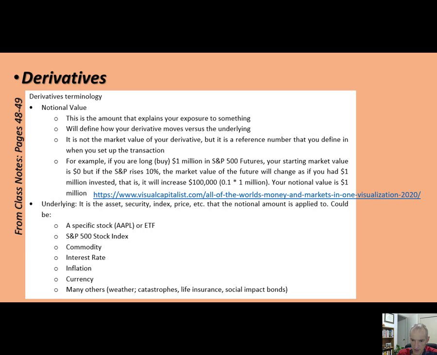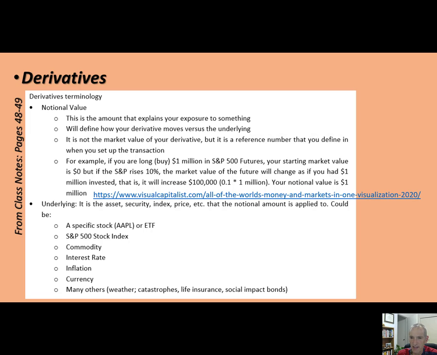There is some terminology that you need to understand. Probably the most important one is what we call notional value. So notional amount, just like the word notional, it's not real. It's not an actual thing that you buy or sell. The notional amount is essentially the size of the transaction.